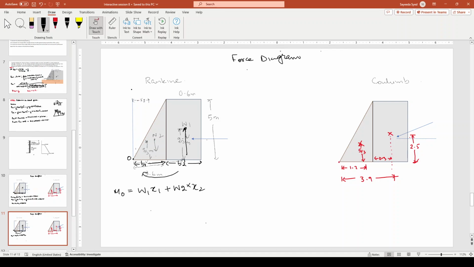And the horizontal load is 288 kilonewton. Vertical load is 288 kilonewton.